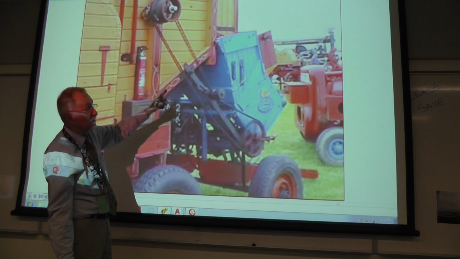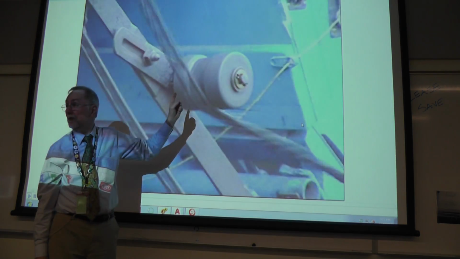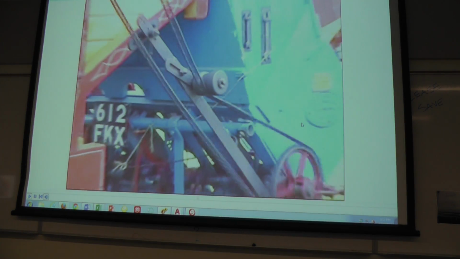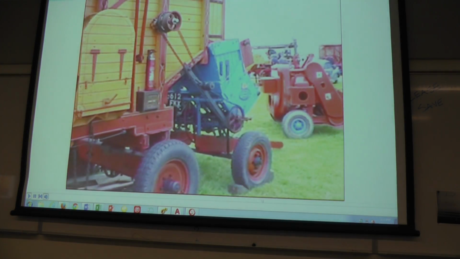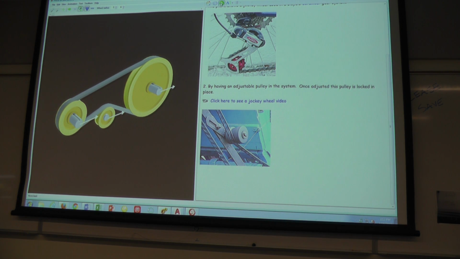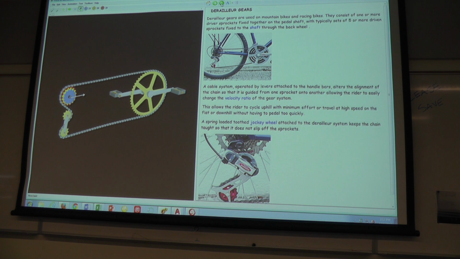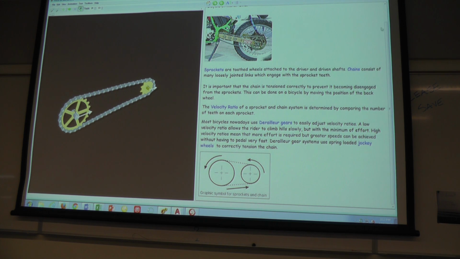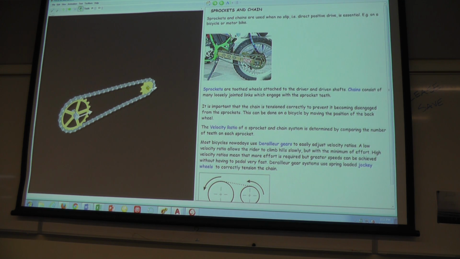It looks pretty floppy even as it is to me. Really sketchy, but you know, that old farm equipment kind of works forever, it seems like. All right, and that's just about it for what I have for sprockets in this particular case.